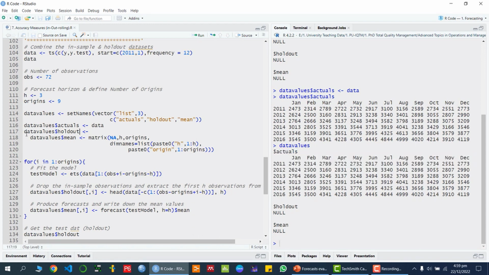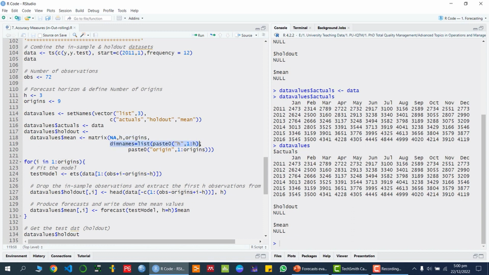Now I am mentioning that in holdout, what you are going to do is calculate the mean, and holdout values and the mean. I am creating a matrix without giving any data values, and the number of rows is equal to h. How many h? There are 3 rows. Regions is equal to 9, so 9 columns.